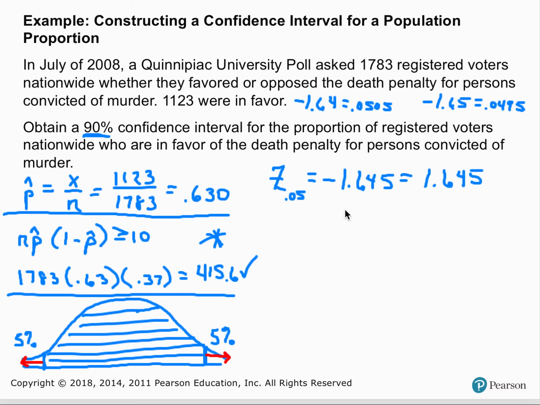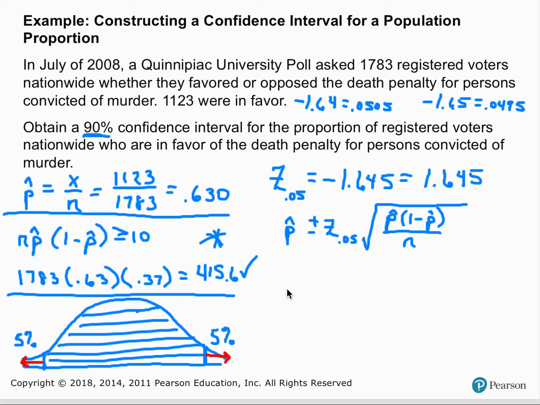Okay, so my formula that we're using, remember, is p hat plus or minus z sub, I'm going to go ahead and put the 0.05 instead of alpha over 2, times the square root of p hat times 1 minus p hat, and this is just a formula that they gave us, over n, that I can now plug into.